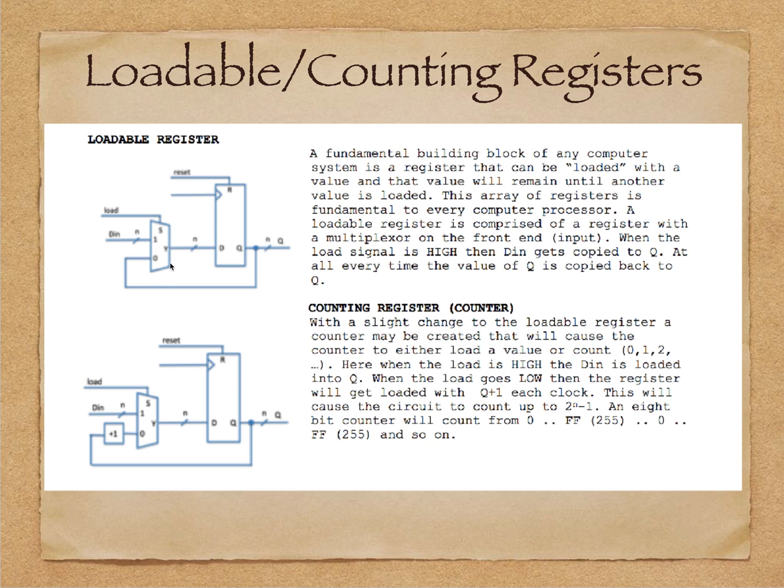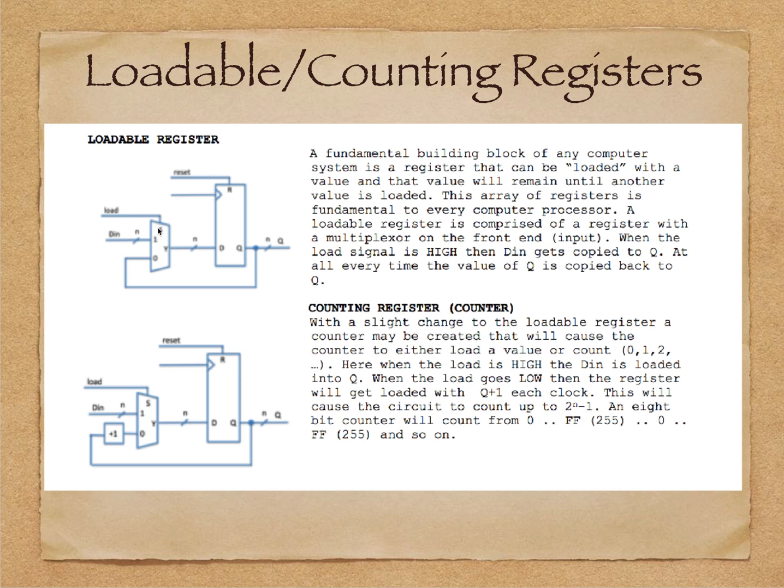In this case, what we want is what we call a loadable register, which means we want to load a value into the register and have that data held until we want to load new data in. How we load it is the term load will be high for 1 clock period.